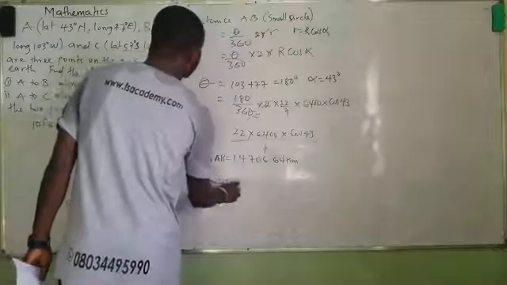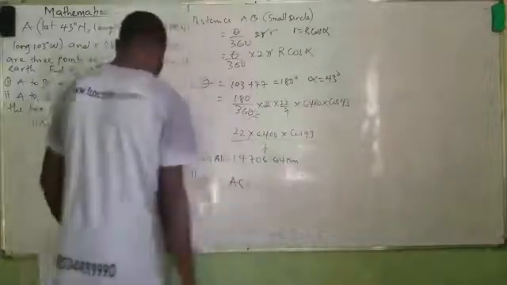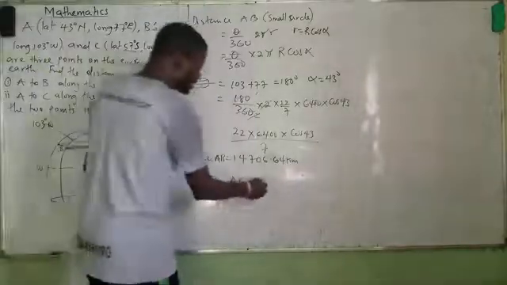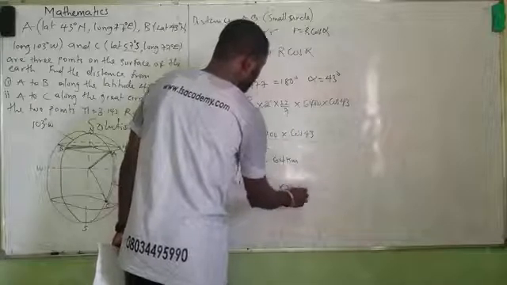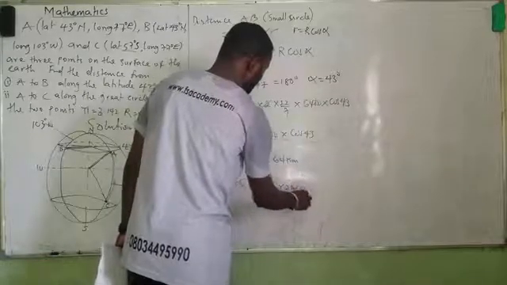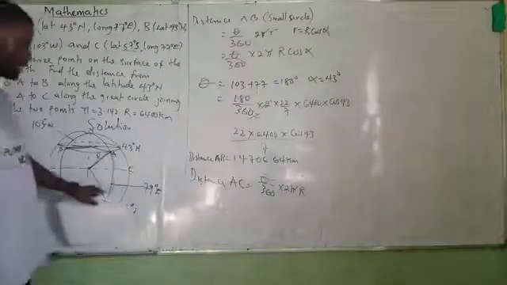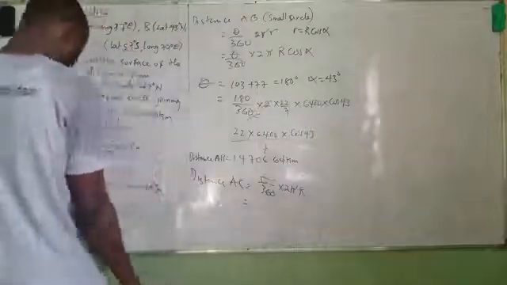Distance of what? AC. Distance on AC is a great circle, and we all know that the great circle is theta all over 360 multiplied by 2 pi big R, because we're talking about big R here. And what will be the distance?